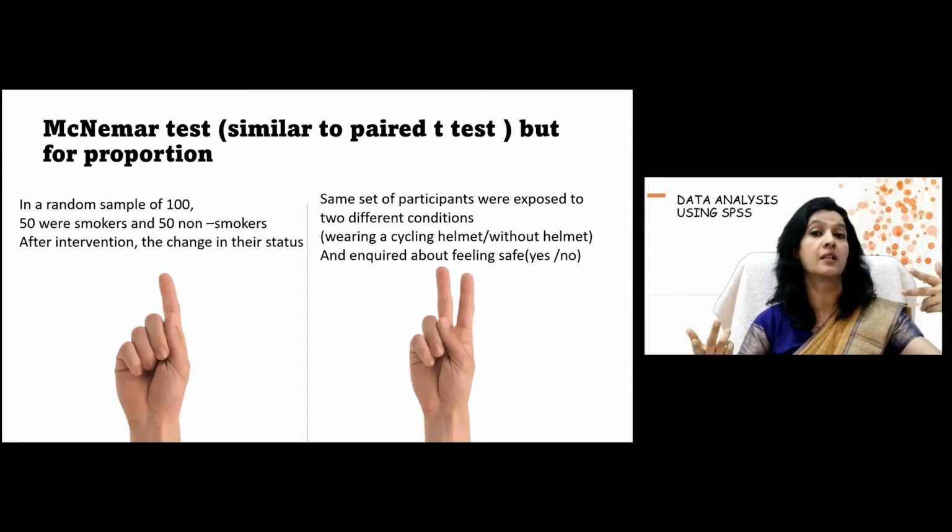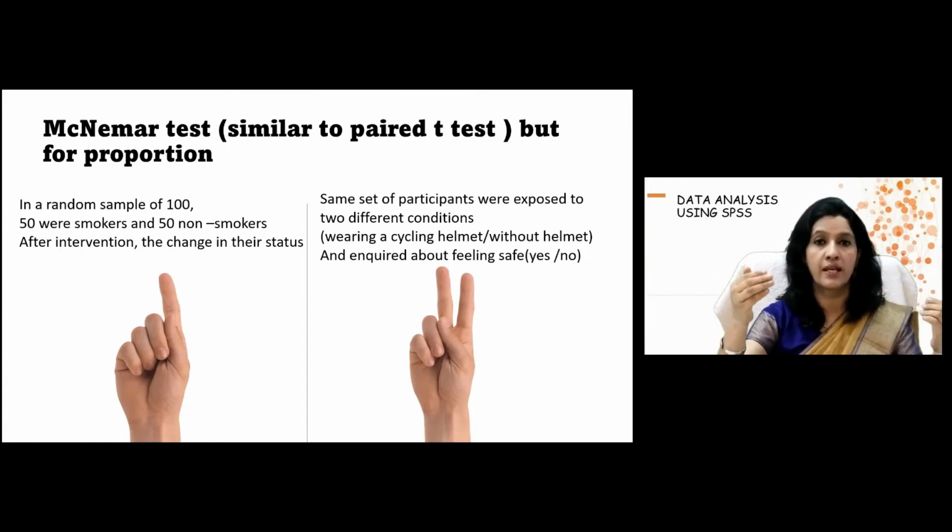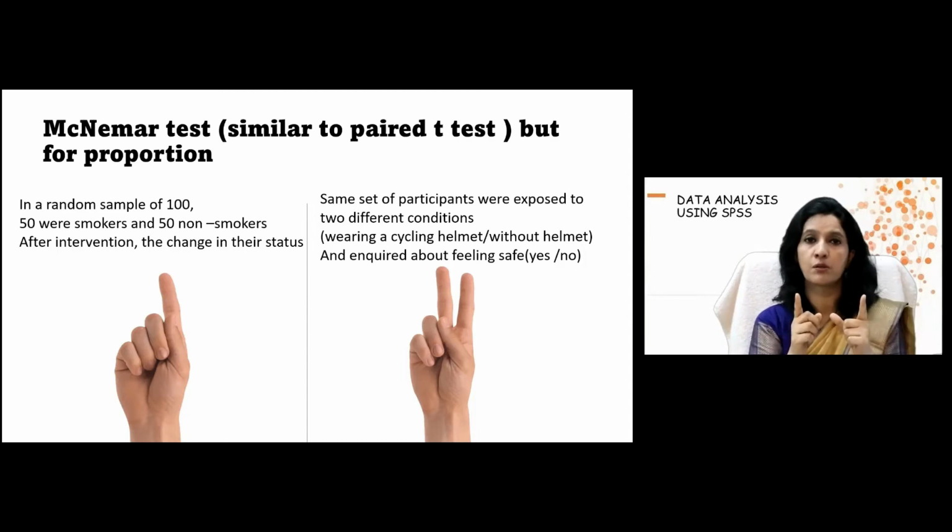Remember, we did in the paired test also that if you test the same set of individuals for two different conditions on the same outcome, that will also form paired data. Here also, the same group of people, if you are asking for the feeling of safety after wearing a helmet or without a helmet, then you could take these two proportions and apply the McNemar test, because this is again paired data. The same set of individuals under two different conditions.